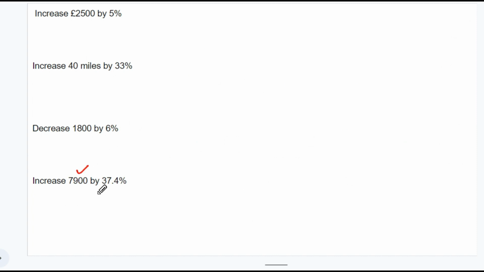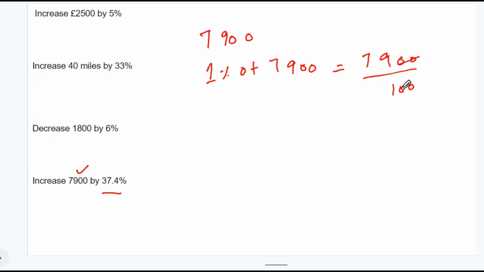Now let's solve this question. 7900 increased by 37.4%, right? So again, 1% of 7900 will be equal to 7900 divided by 100, and it will give you 79, right?